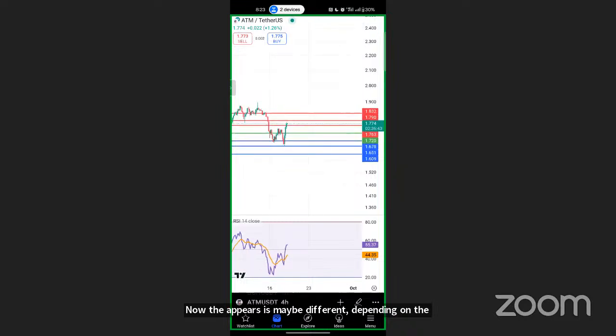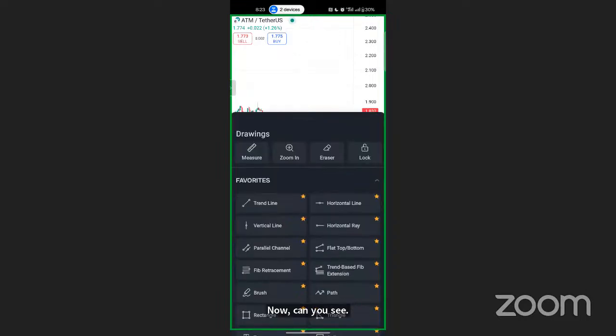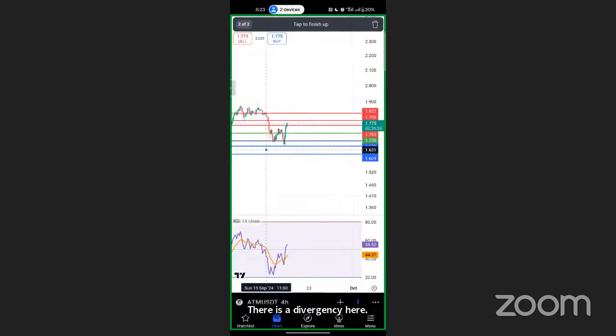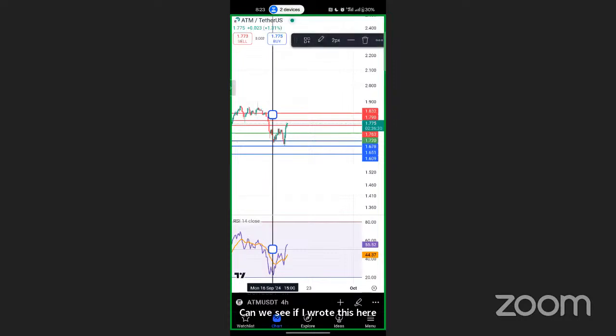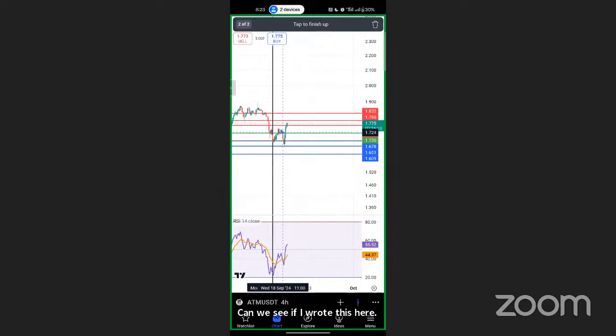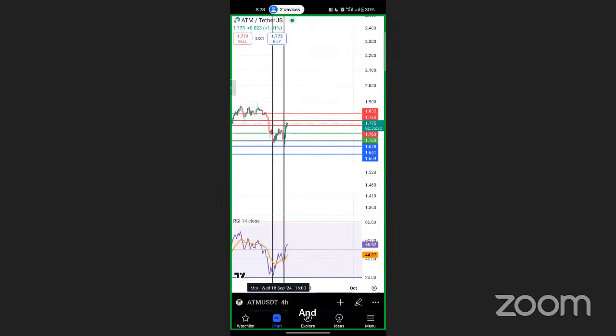Now, can you see? There is a divergence here. I can see it with my naked eyes. Can we see? If I draw this here, let me show you divergence. I don't need it to be perfect, but I can see the divergence with my naked eyes. Where is the divergence?